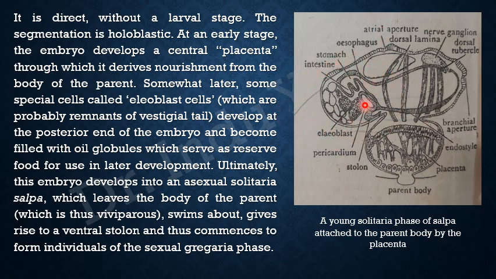Near the atrial cavity, on its posterior side, this is a new individual forming with the help of the placenta, and later on the help of these elioblast cells. So slowly this will convert into a new individual. Here you can see the placenta, and this is the stolon.